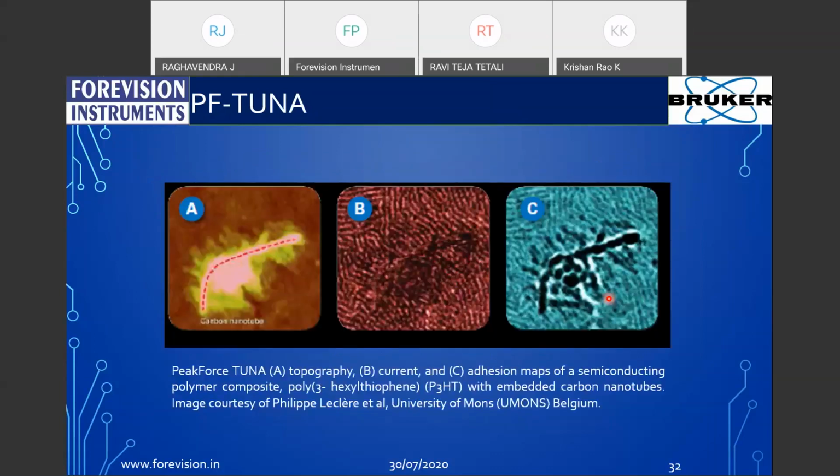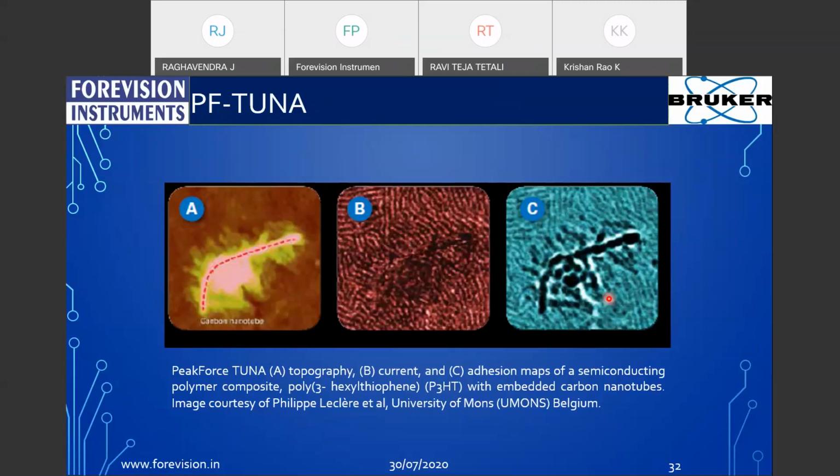So this is one of the PF TUNA images of a carbon nanotube embedded inside P3HT material. The topography image is not clearly giving the information about the carbon nanotube position. The conductive AFM image is also not able to resolve the nanotube position. But the additional image, image C, gives us the information about the position of the nanotubes.